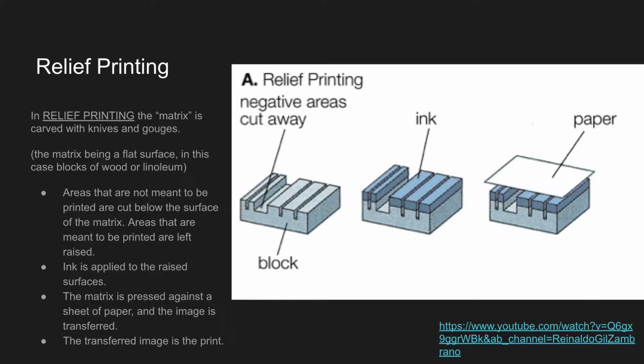This is demonstrating relief printing. In relief printing, the matrix is carved with knives and gouges. The matrix is perhaps wood, or it is perhaps linoleum, but it is a flat surface that you're carving into. That's what the matrix is.